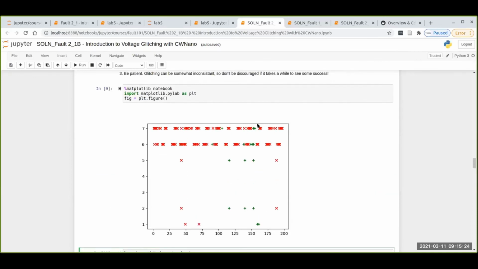And when we have a super wide width, notice that we get a lot of X's, which are basically resets, and a couple successes. Right? So this axis, the 1 through 7, is actually 7 experiments at 7 different widths.